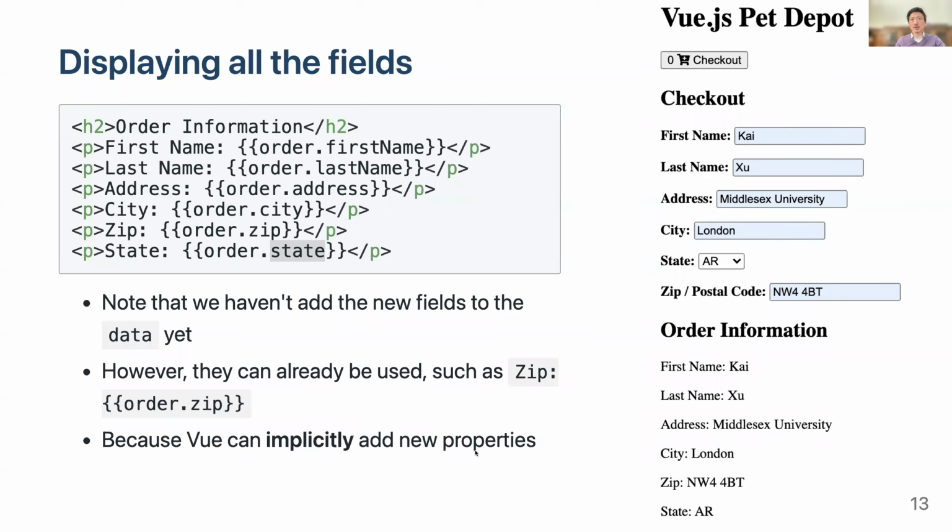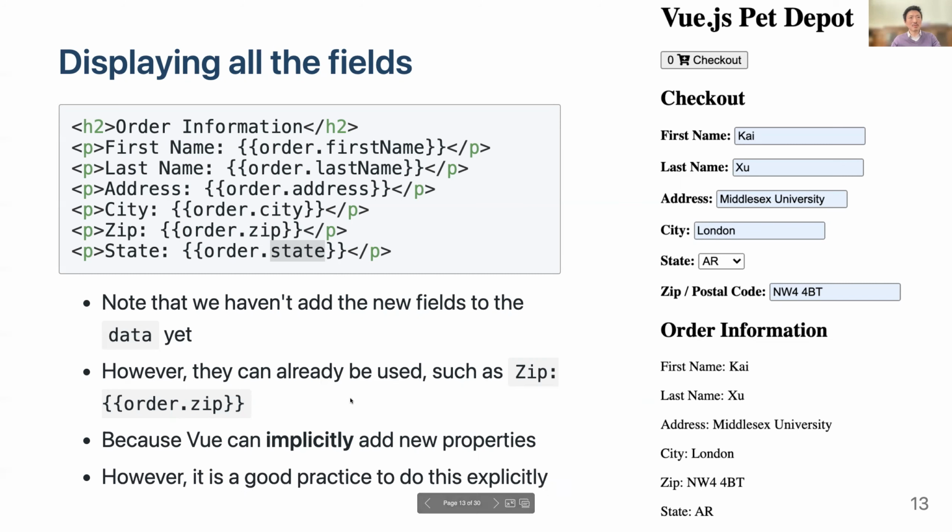Once we had order, it can implicitly add these for you. But obviously, this usually is not a good practice. You can do it, but it's much better that you do this explicitly in your code. You define these different properties. So that's what we will do now.